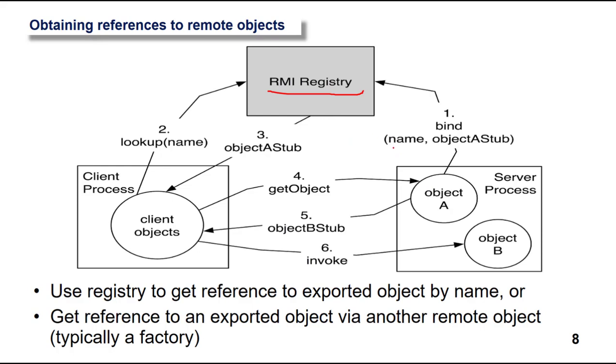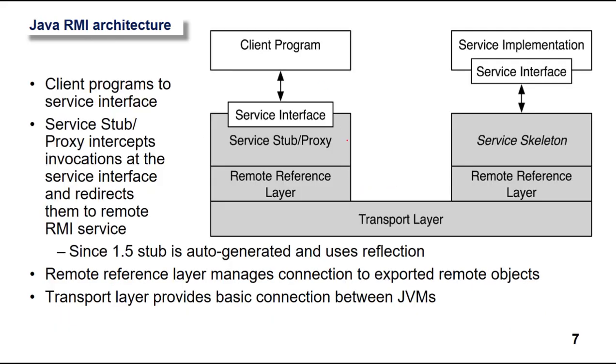When the server process places an object in the registry, it needs to give a name, and it also gives back the object stub. If we go back to the earlier slide, remember the client needs to make use of the stub in order to do method calls remotely.